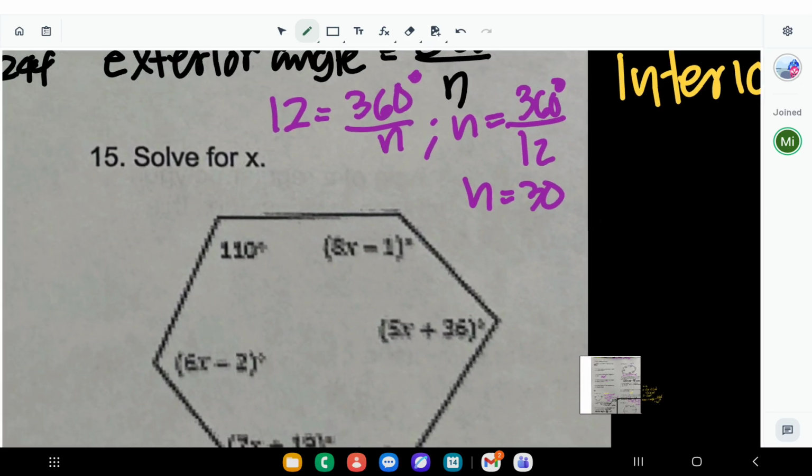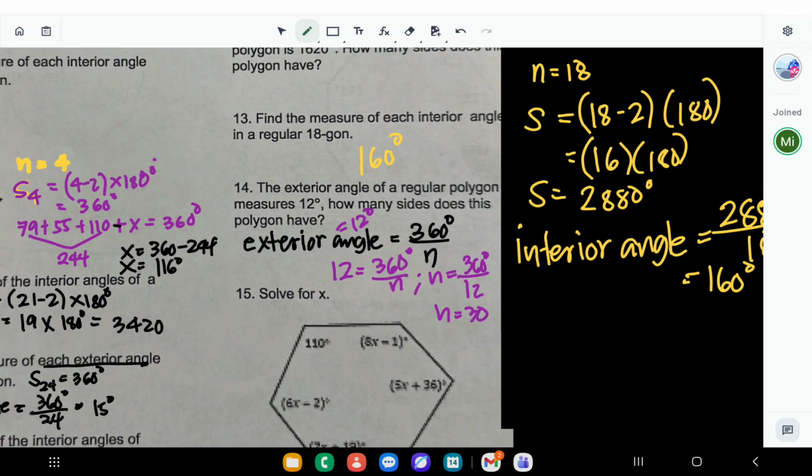Then for number 15. Oh no. Okay, what is this? 7x plus 19, and the other one is 116. So how many sides do we have here? 1, 2, 3, 4.